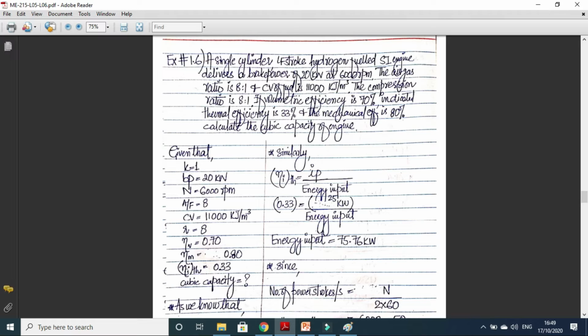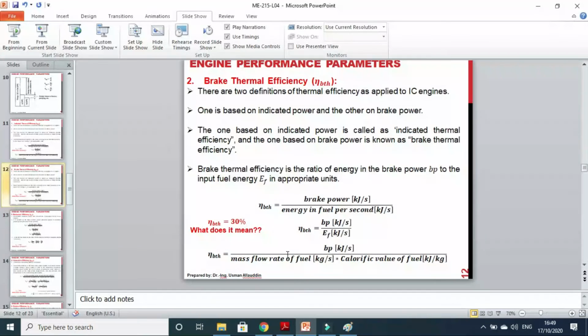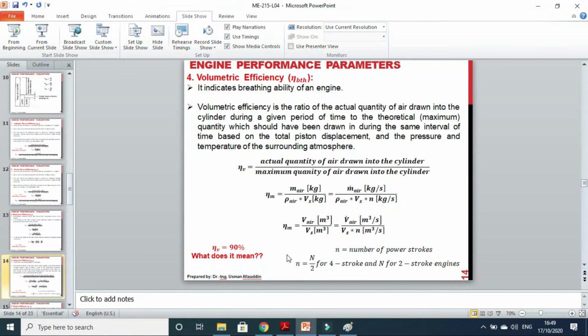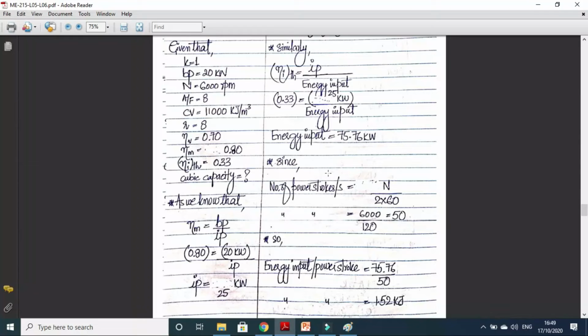If you remember the formulas, I can show you here. Volumetric efficiency formula has the swept volume, so we can use this.